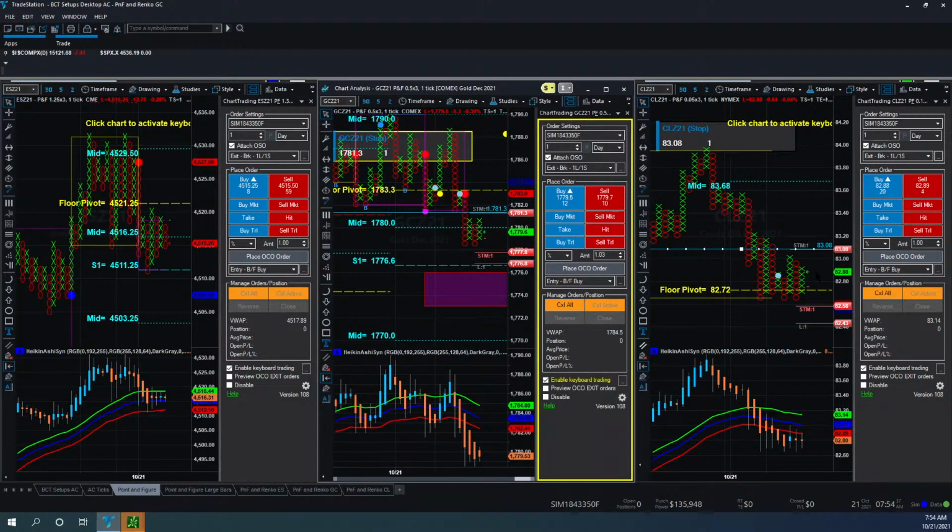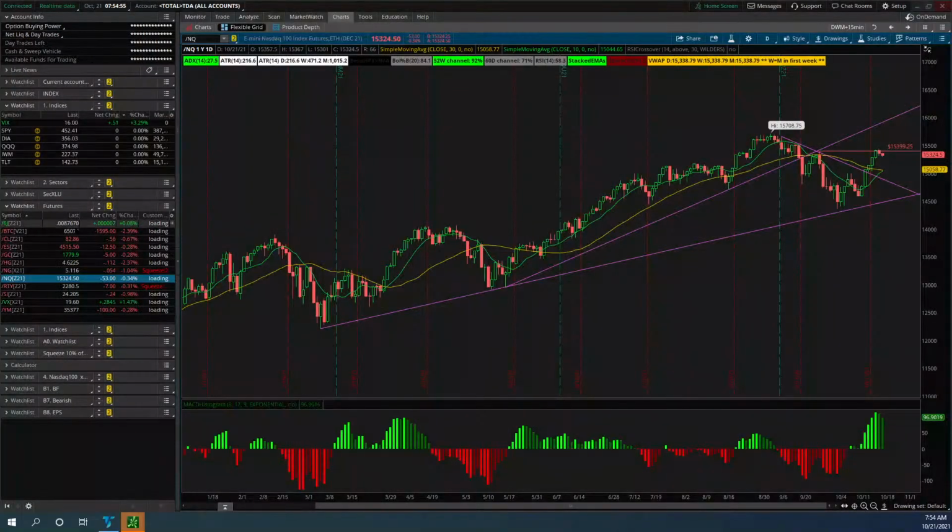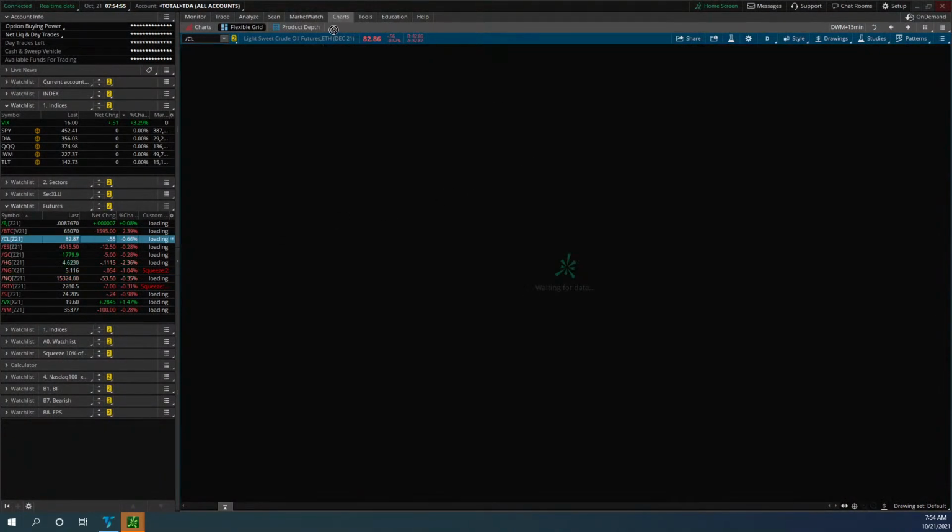Seems that crude wants to go higher in a range. Let's go back, just a refresher on crude right here.